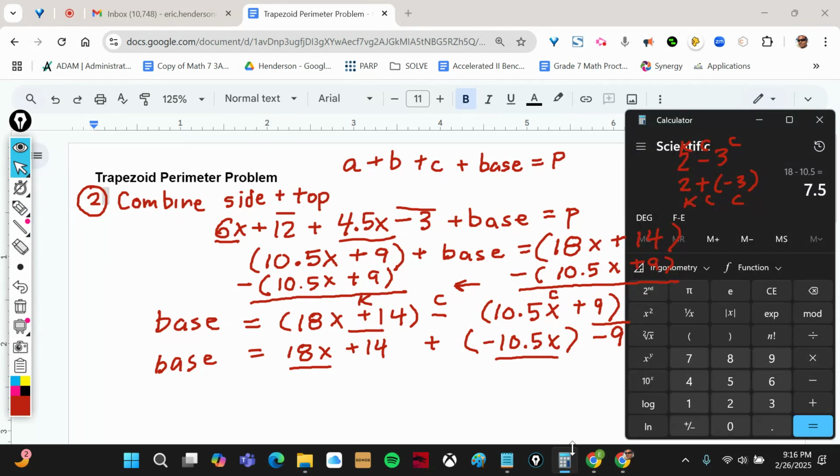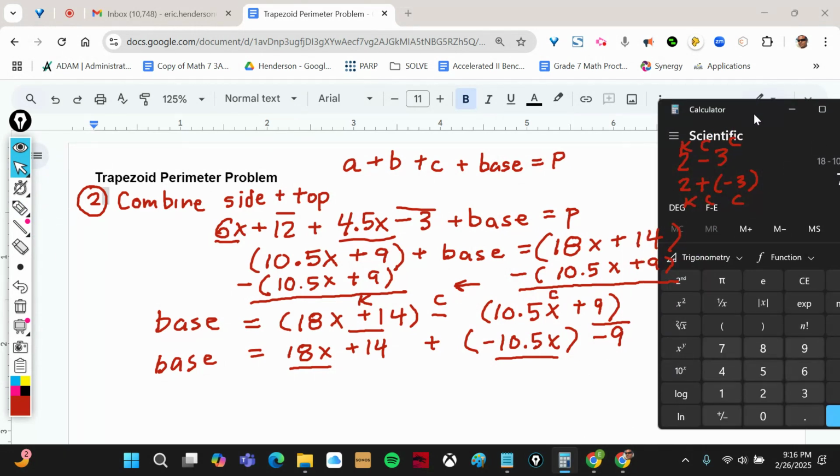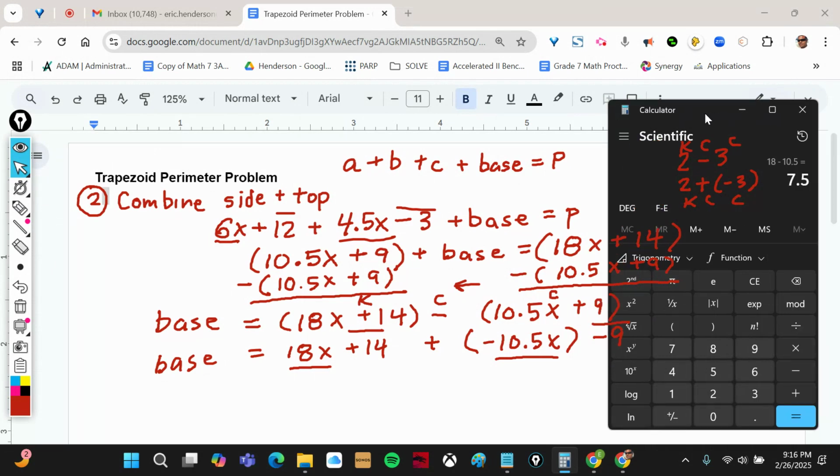Class. Boom. Not going to be able to, so we just going to have to work with that. Boom. I already had done it. All right, 18 minus 10.5 equals 7.5.